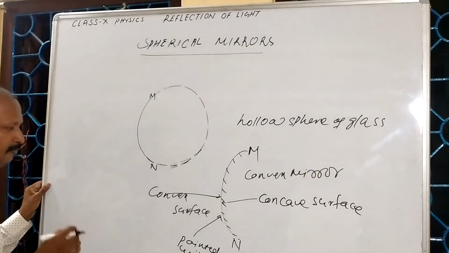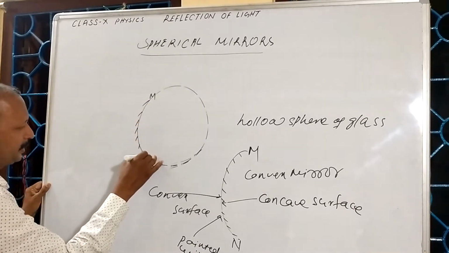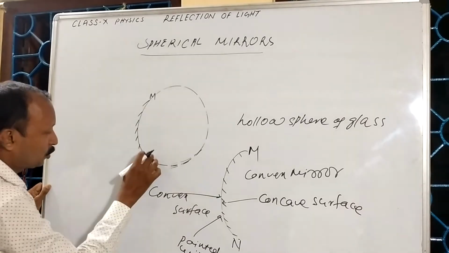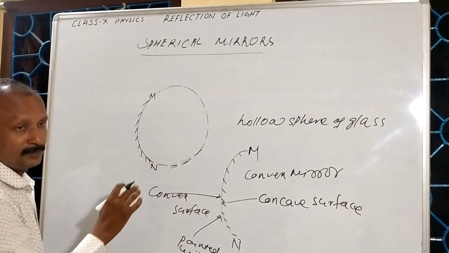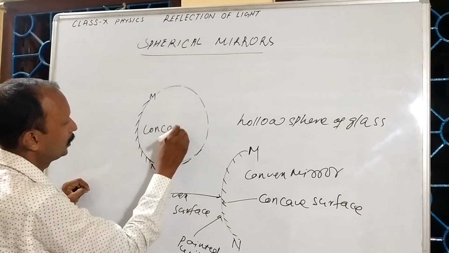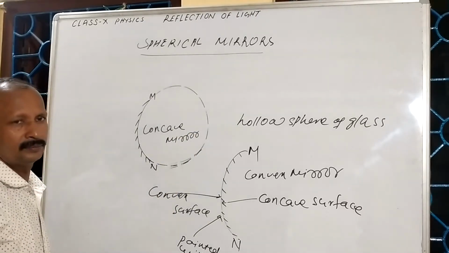Now, if the inner surface is painted with silver, then this becomes a concave mirror.